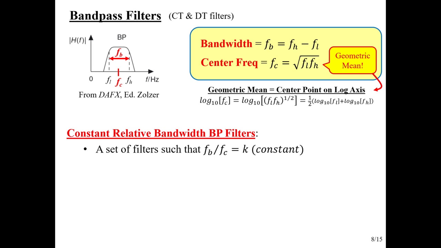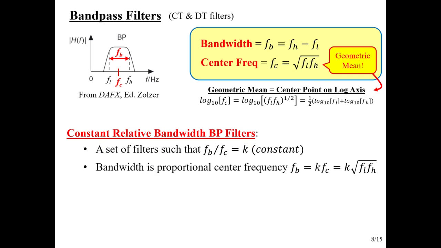But for each one of the filters in the set, if we take its bandwidth and divide it by its center frequency, so defined this way, it's equal to some constant, regardless of which of the filters in that set we look at. So that's the idea of a set of constant relative bandwidth bandpass filters.